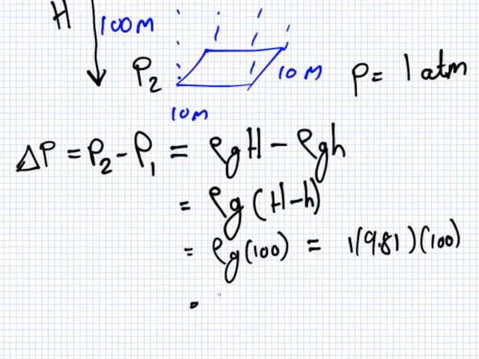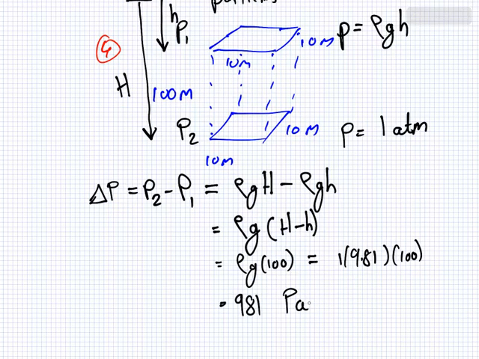So the difference is 981 pascals. The question didn't ask for the pressure, it asked for the difference between the top and the bottom. Because of this, I don't need to know the big H.